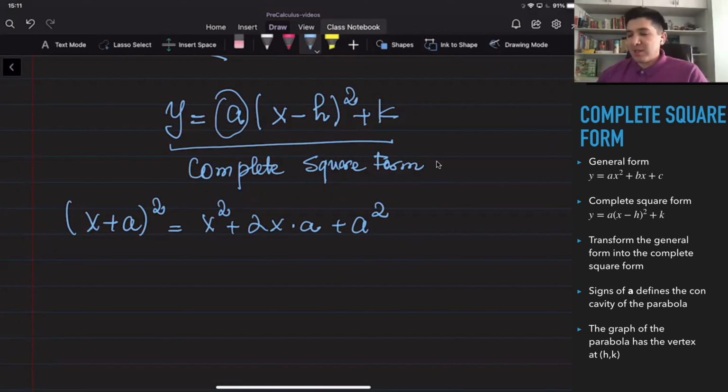Let's say you are given the general form x squared plus 4x plus 4. If I would like to bring this into the complete square form, I need to use the structure again. The structure tells me it should be in a form like x squared plus 2x always, right?